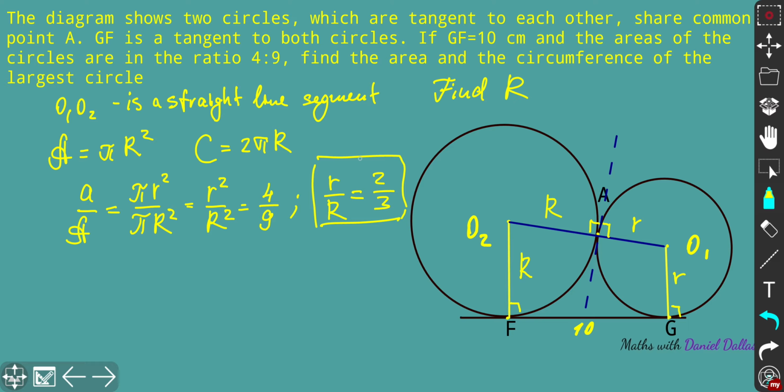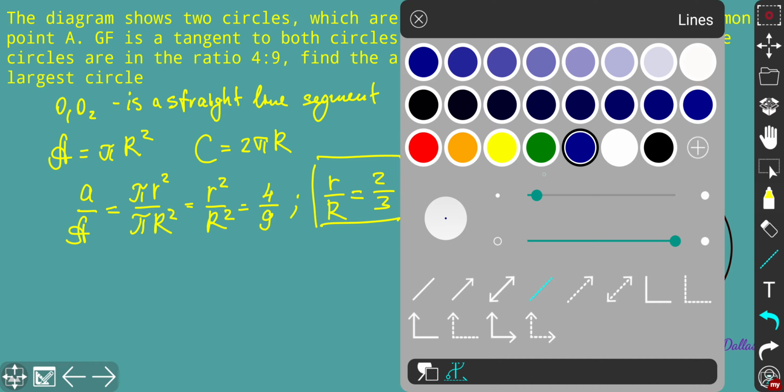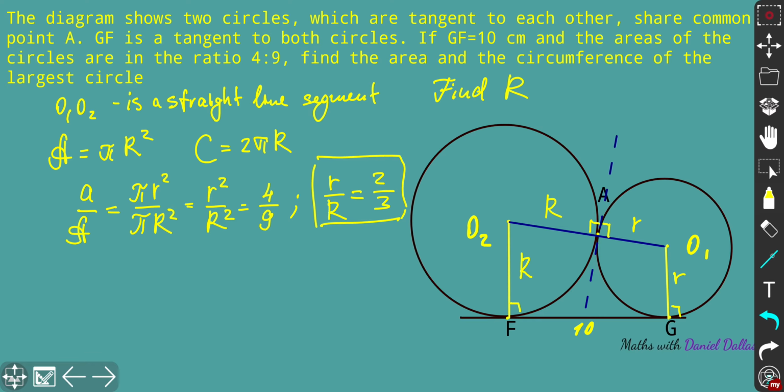However, we need to have another equation which connects the small radius and the big radius. And what I can do, because of the pre-built construction that we made, is use it right now in a moment. We just want to connect with a parallel line the center O1 with another point.